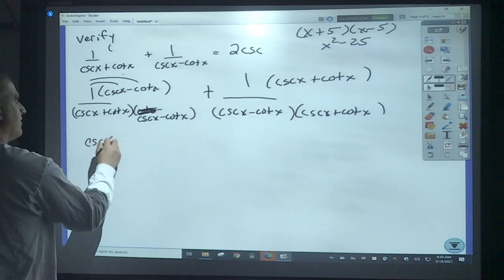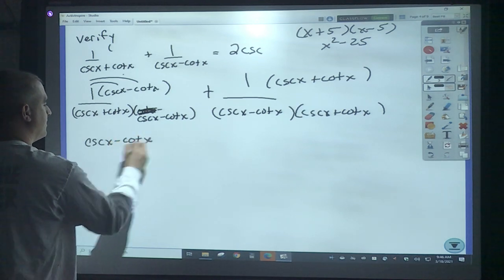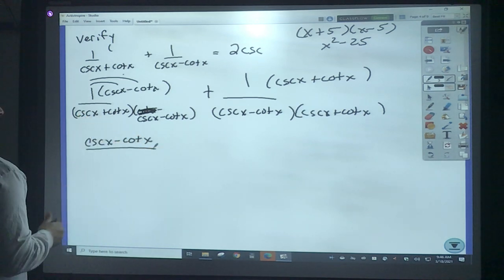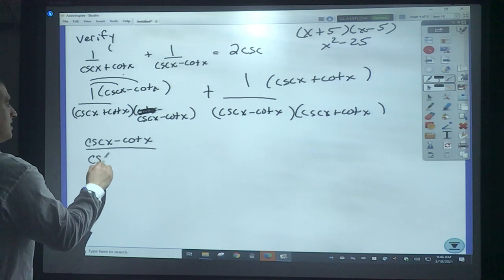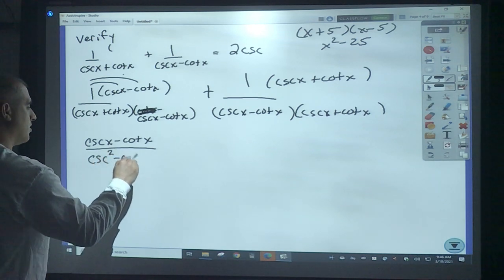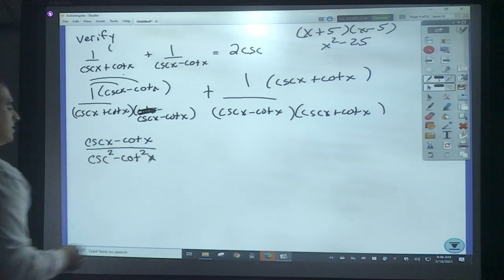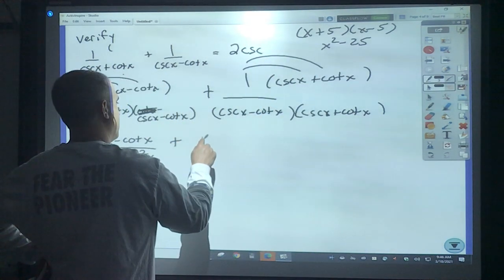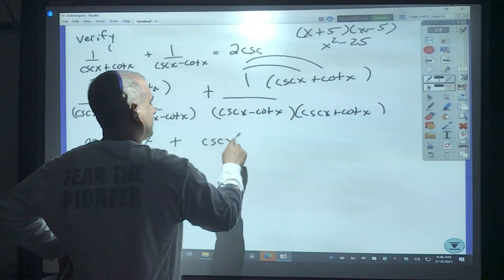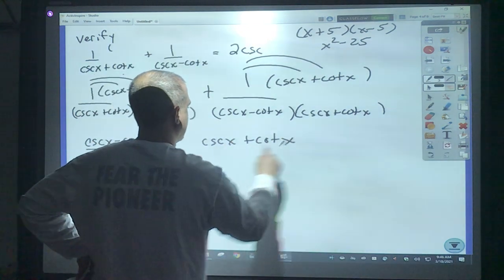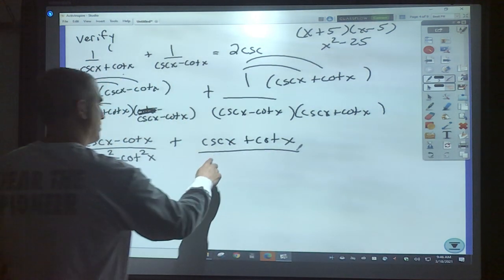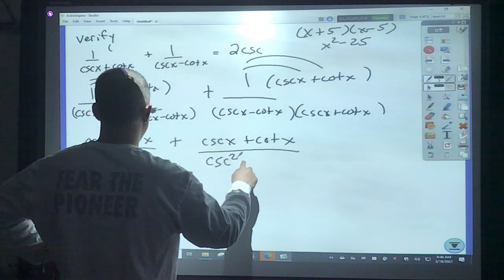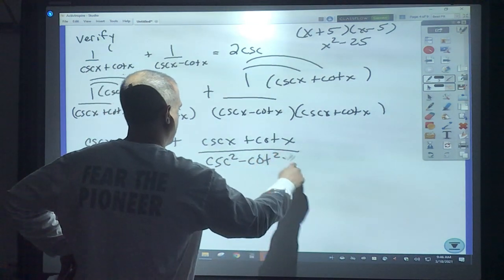That's going to be cosecant of x minus cotangent of x. This bottom part is going to turn into cosecant squared minus cotangent squared. Plus, distribute this, that would be cosecant of x plus cotangent of x all over cosecant squared minus cotangent squared of x.